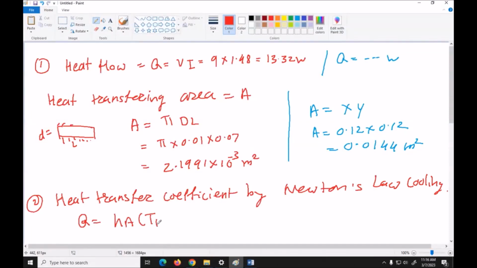Number 2, heat transfer coefficient by Newton's law of cooling is given by Q is equal to hA(TH minus TA). So here we know Q, here we know area, here we know TH and TA, we can find out h, and that is called experimental. h experimental is equal to Q by A into (TH minus TA).